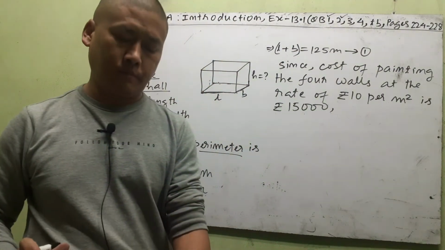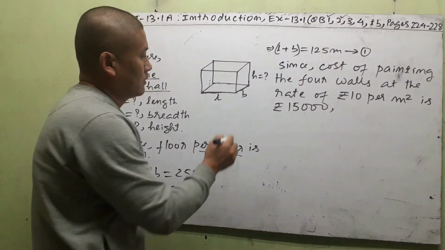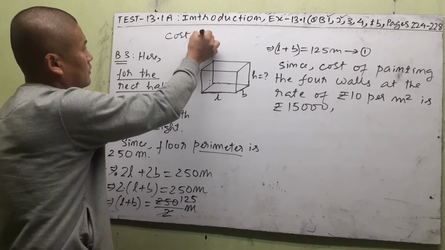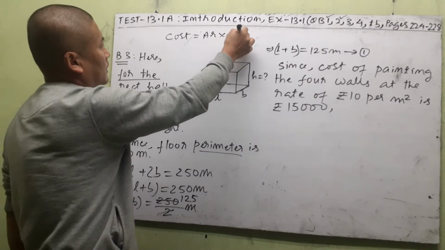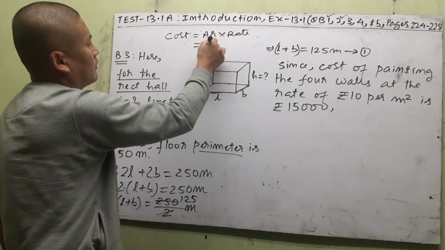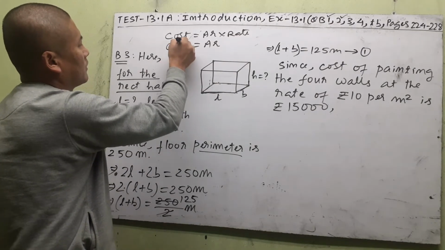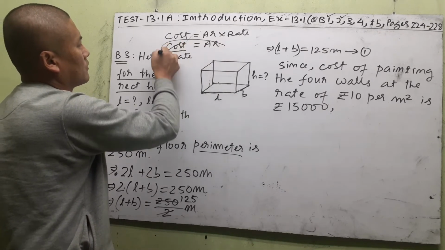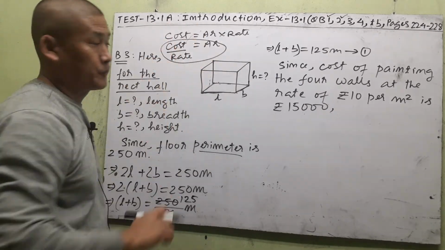This is right from the question we have written. So we know from previous 2 sums also that no need to write this, cost is equal to area into rate. So area involved here will be formula cost divided by rate. So area is cost divided by rate from the same formula.